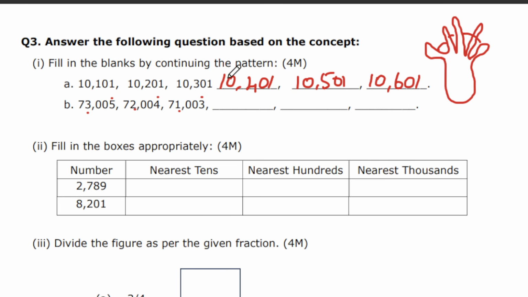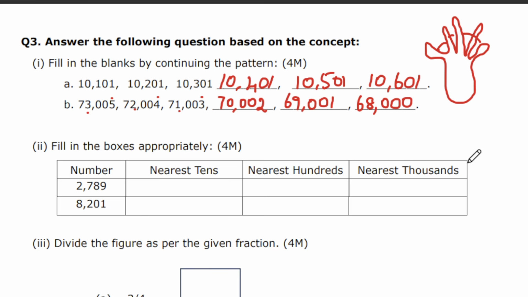So next will be 70,000, and in ones place we have 3 here, so now it is 2. Next we have 69,000. In ones place we have 2, now we have to put 1. Next is 68,000. In ones place we have 1, so now it is 0.